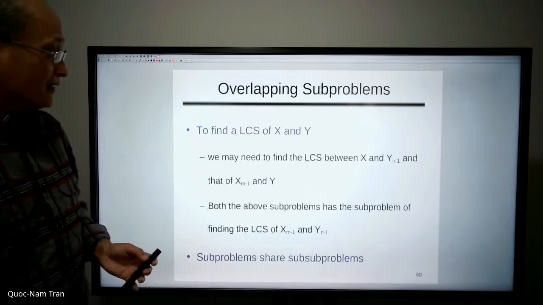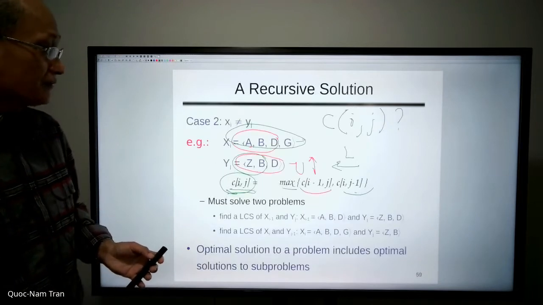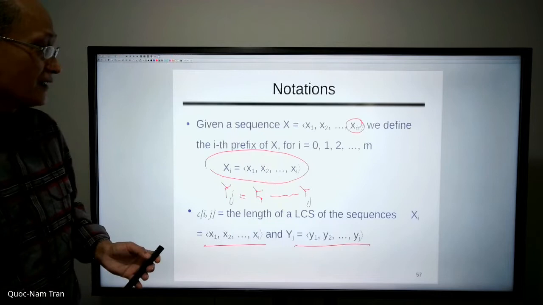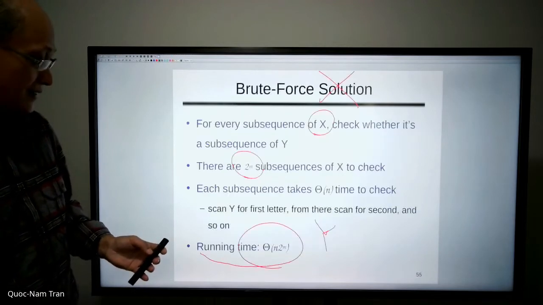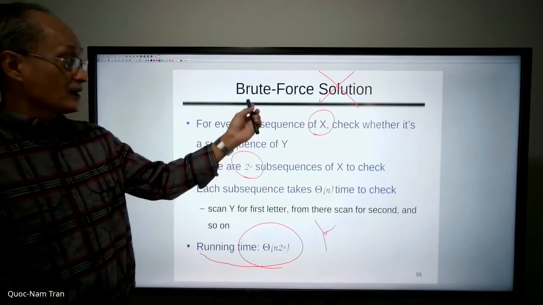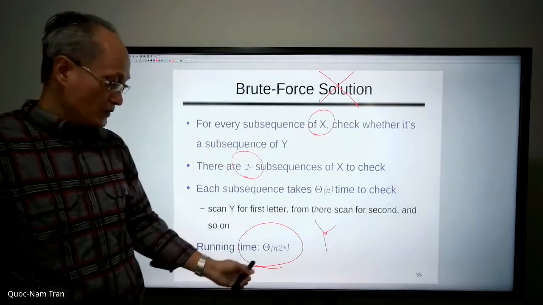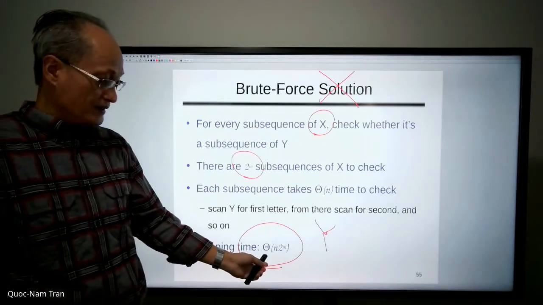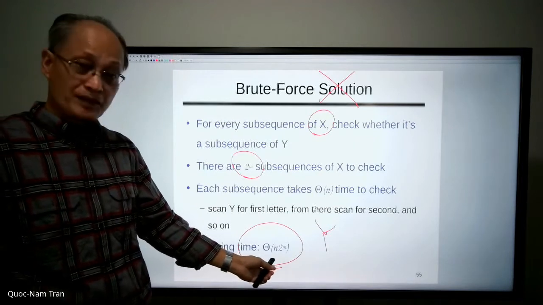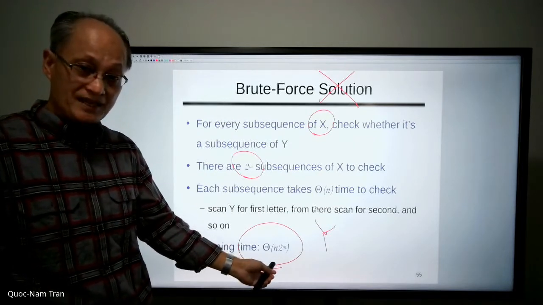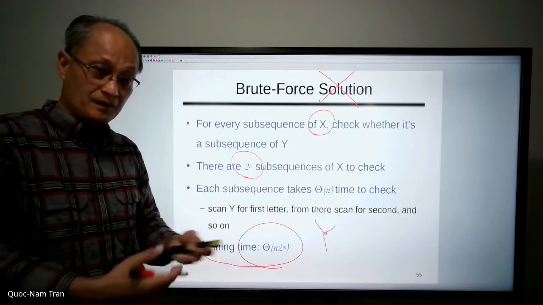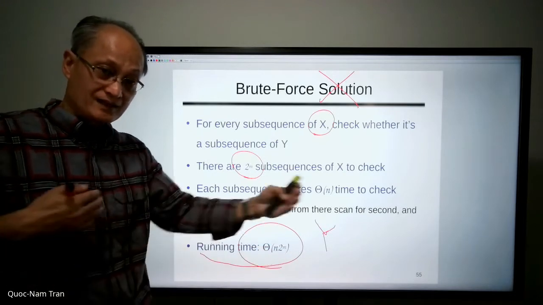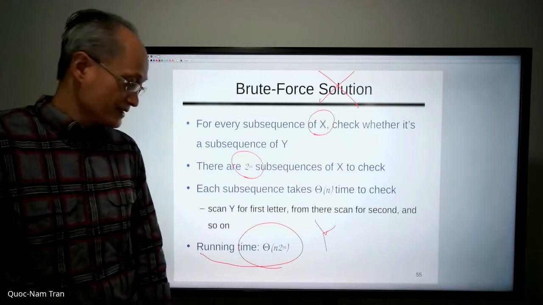So remember that with brute force, the complexity is 2 to the power n, right? More precisely, n times 2 to the power n, where n is the length of both sequences.